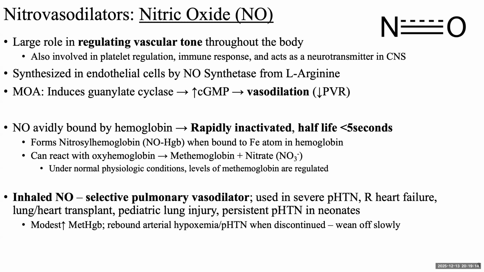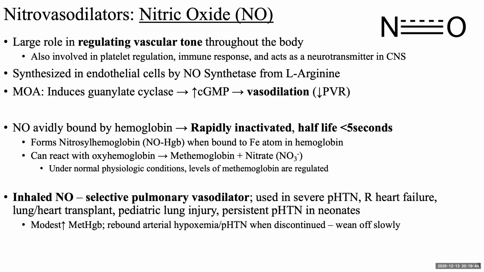It's also involved in platelet regulation, our immune response, and it also acts as a neurotransmitter when it's in the CNS. So it has a lot of different roles. Now, it's synthesized in endothelial cells by nitric oxide synthetase, and that's derived from L-arginine, which is one of those amino acids we learned about back in our biochem in undergrad, right?